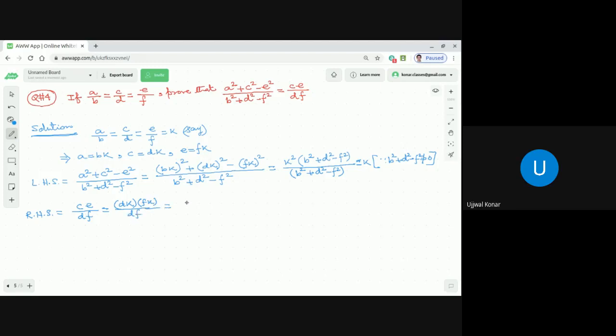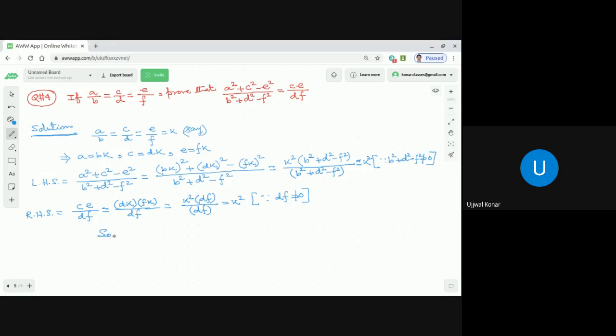So we get K square into DF divided by DF, that is equal to K square, since DF is not equal to 0. So if we look into both left hand side and right hand side, both are equal to K square.